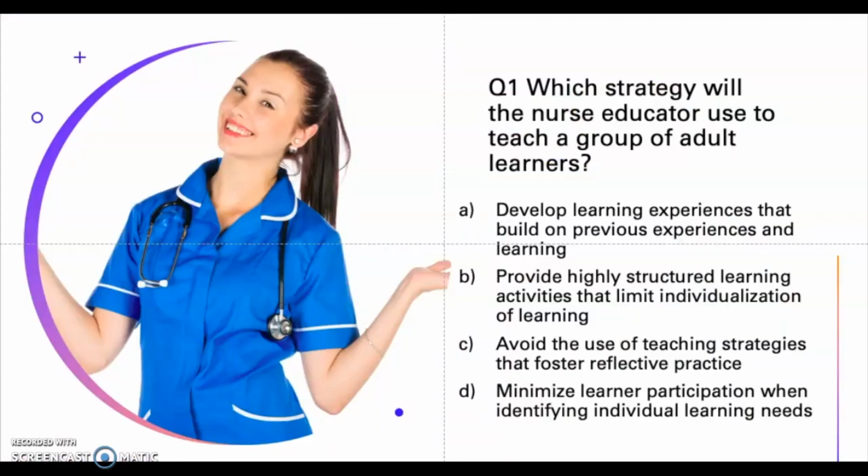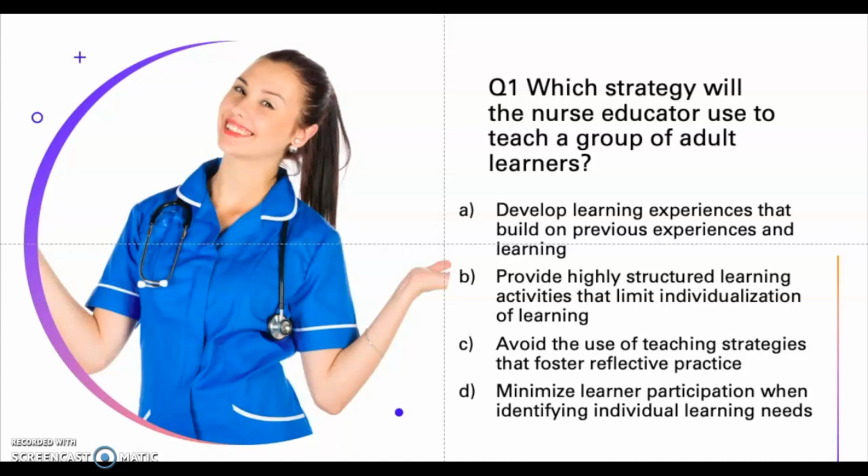So question number 1. Which strategy will the nurse educator use to teach a group of adult learners? A. Develop learning experiences that build on previous experiences and learning. B. Provide highly structured learning activities that limit individualization of learning.